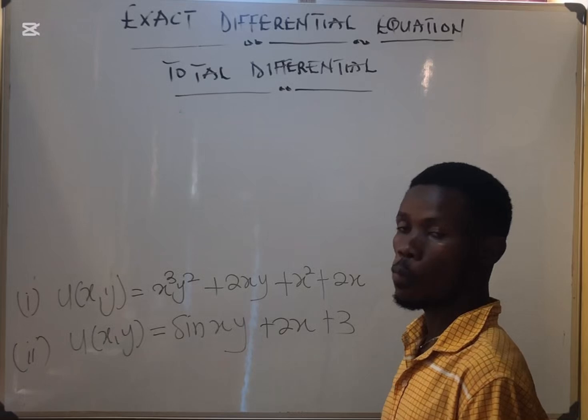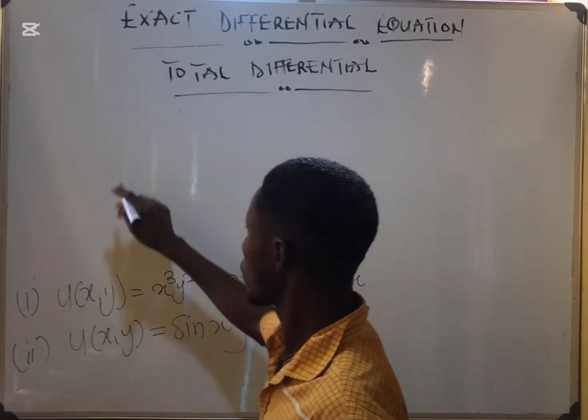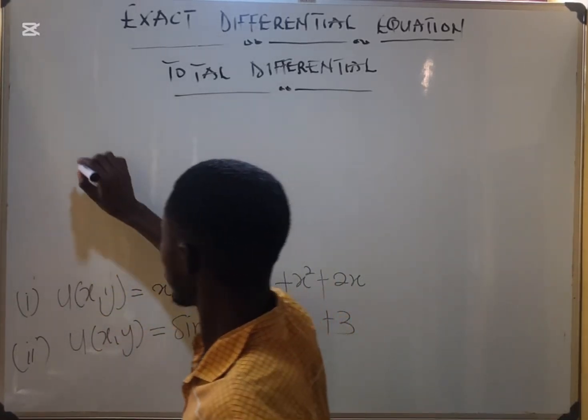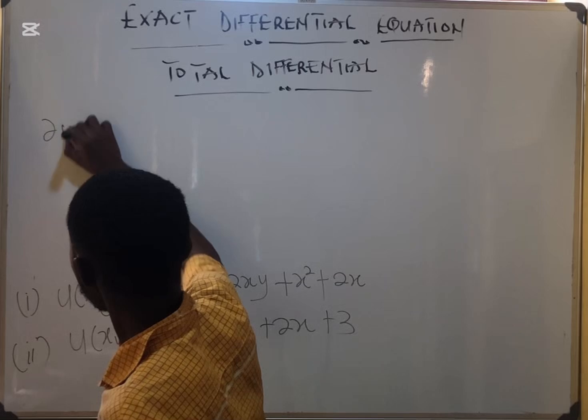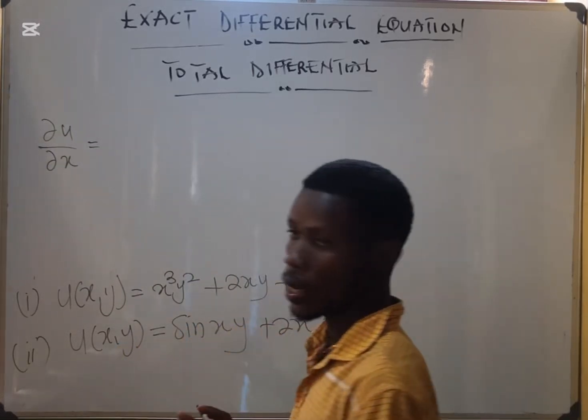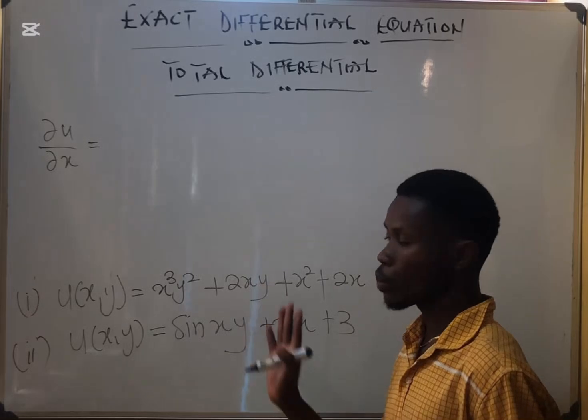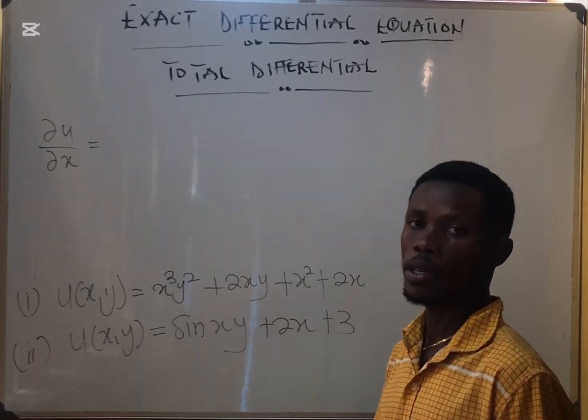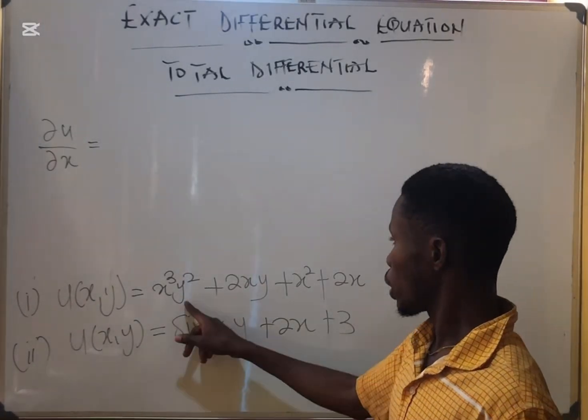So per the formula that was given, first you need to find the partial derivative with respect to x. As I said, with respect to x, all the y values become constant. So this is constant.